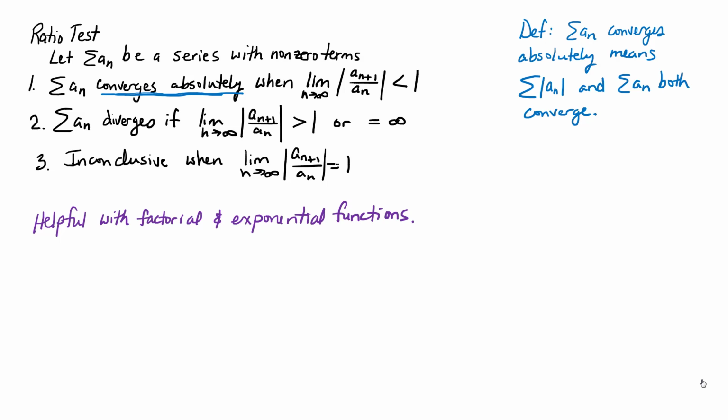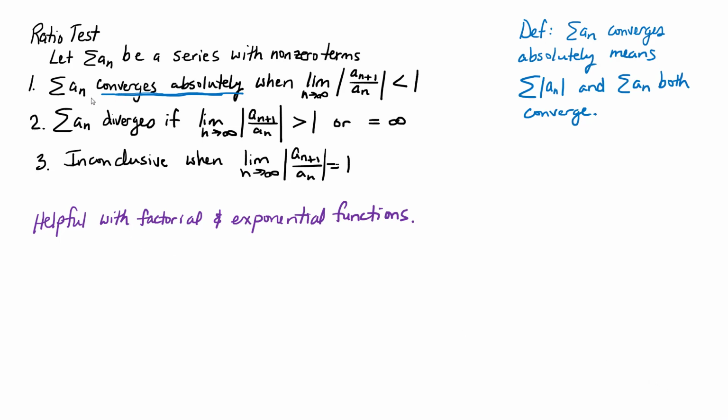Let's get started. In this video, we're going to discuss the ratio test and how to use it to show convergence and divergence of series. The ratio test is really helpful with factorial and exponential expressions.